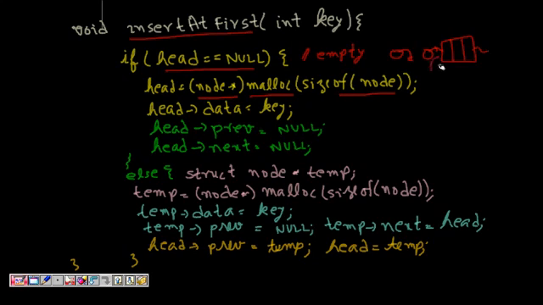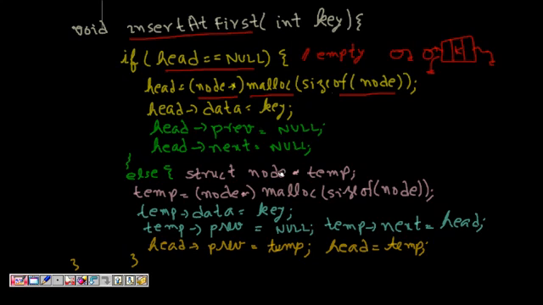It has these two pointers which are dangling now. So head data is equal to key, so we put the key in the data part. Head previous I make equal to null, and head next I also make null. So this is my doubly linked list now with one element inside it. Head is pointing to that, and its previous and next node are null.